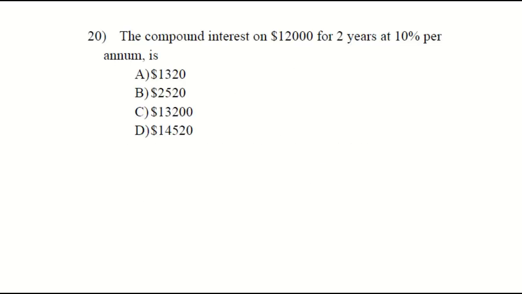Right, then we have the compound interest of 12,000 for 2 years at 10% per annum. Now, for compound interest, there is a formula that you can learn, or you can find simple interest, which is principal by rate by time all over 100, right? So that's 24, and you add 2 zeros.